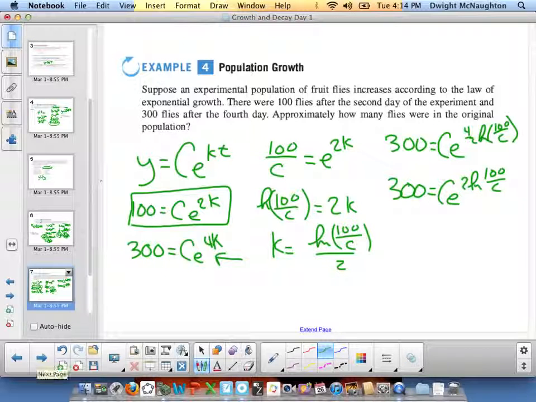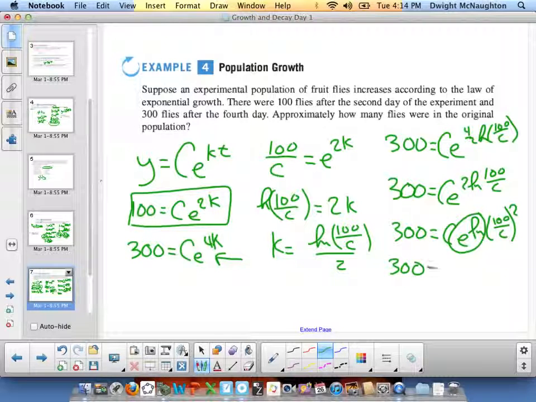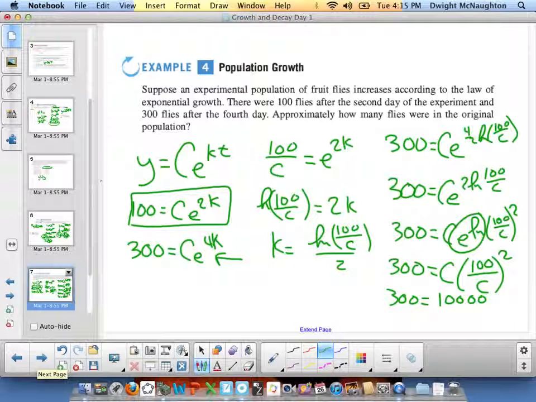Now remember what that 2 does in front of the natural log? It becomes an exponent. So 300 equals Ce to the natural log of (100 over C) squared. Now, what does e and natural log do? They cancel. So we got 300 equals C times 100 over C squared. And that you can solve for C. We got 300 equals 10,000 C over C squared.